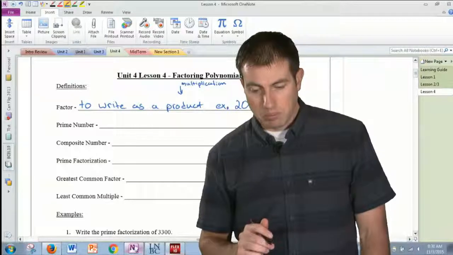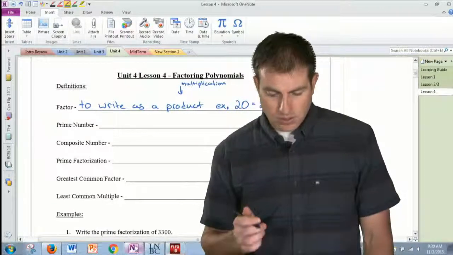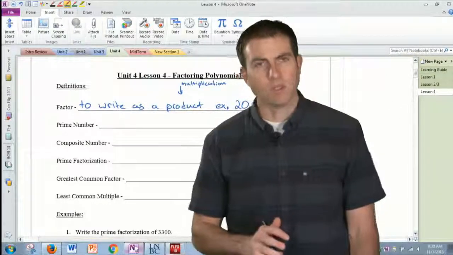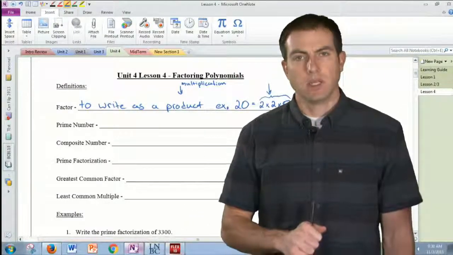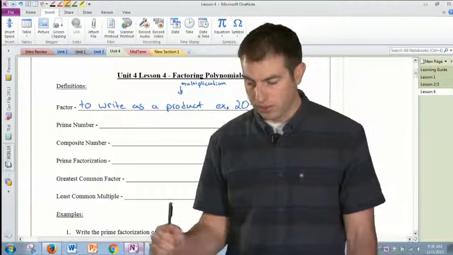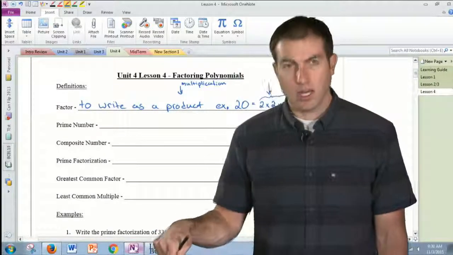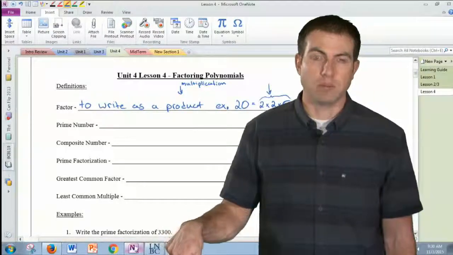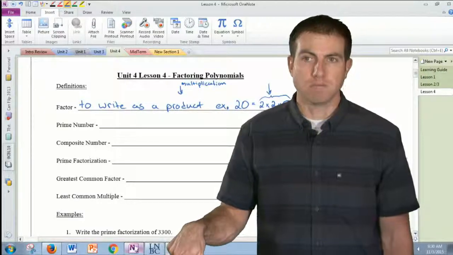So a prime number is something you've encountered before, I'm sure. What's special about prime numbers? We talk about primes. Primes are really important for things like cryptography, codes and breaking codes. Primes have special properties.